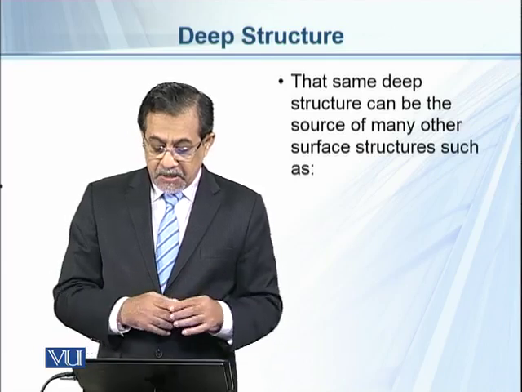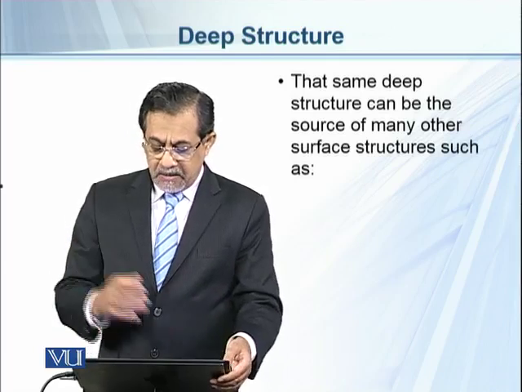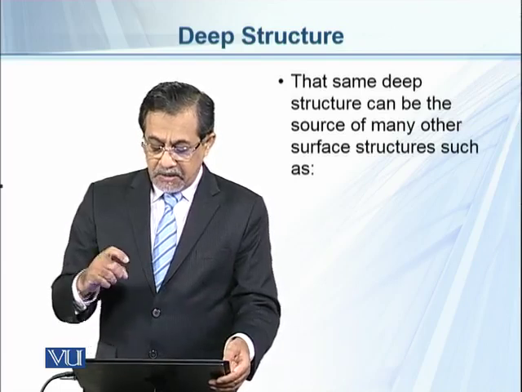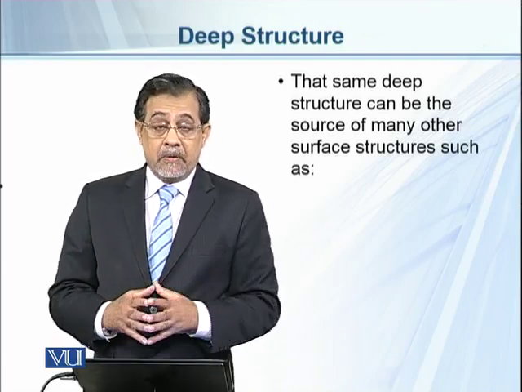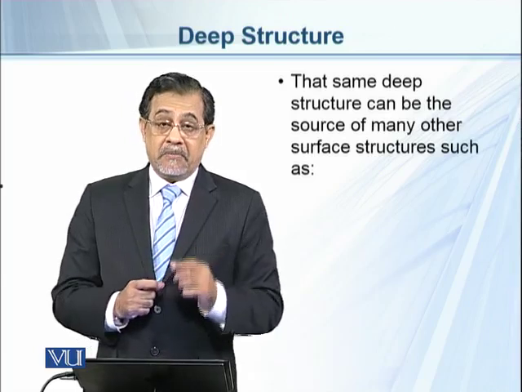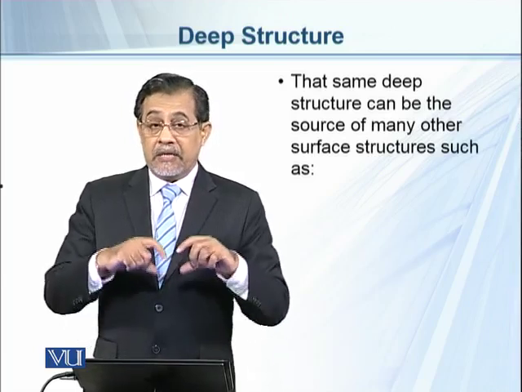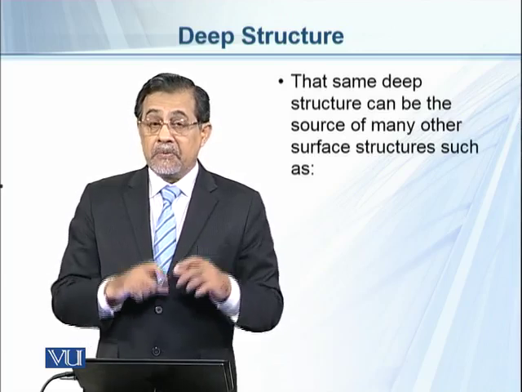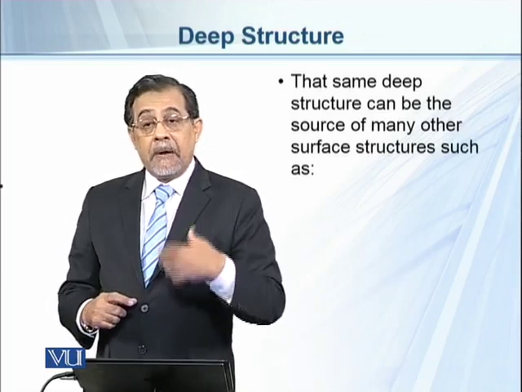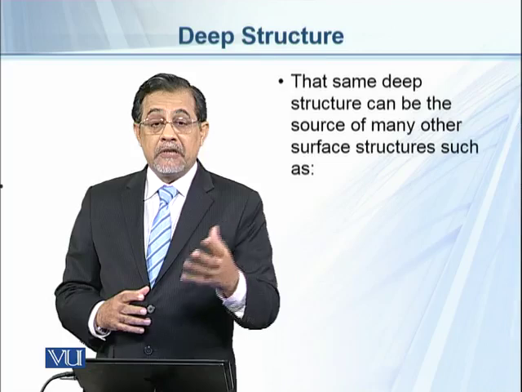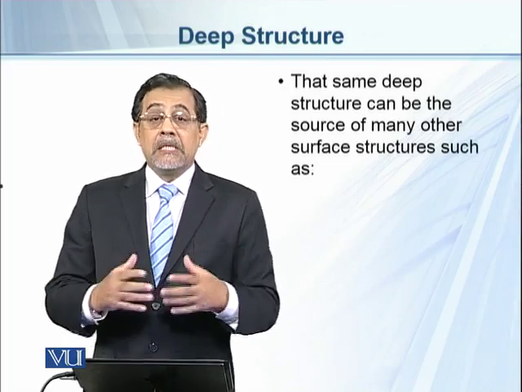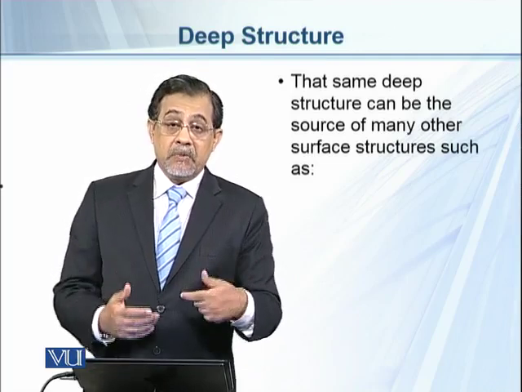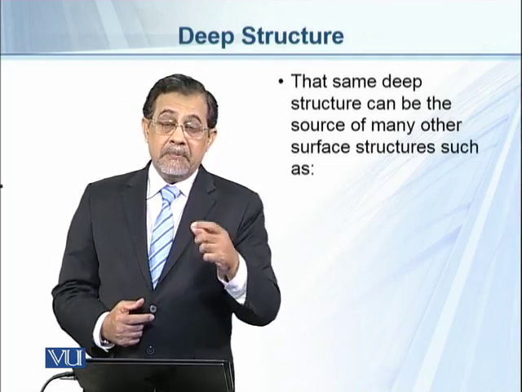That same deep structure can be the source of many other surface structures. For example, Charlie broke the window. It is the same simple structure at the deep level or in the deep structure. But we can have a passive structure at the surface level: The window was broken by Charlie. Similarly, we can make more sentences with the same underlying deep structure.